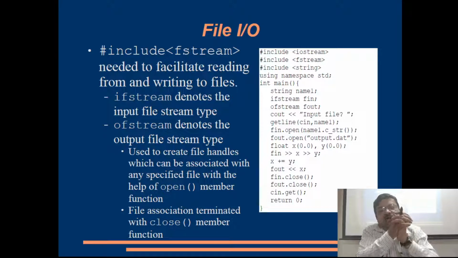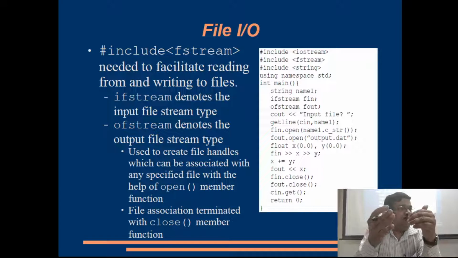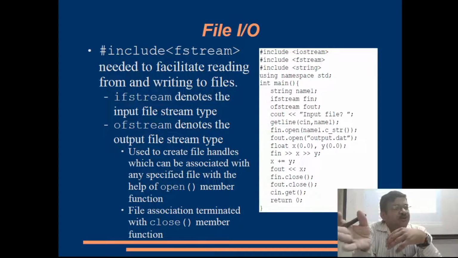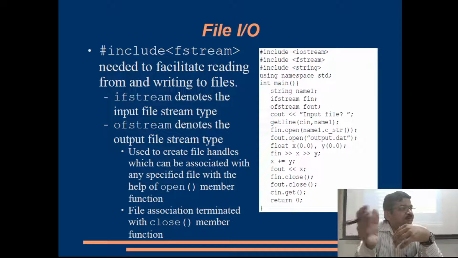Right? So beyond this standard input, standard output, and standard error, if you wish to read and write to and from files, then you need to define a mapping, how to tell the computer that input needs to be read from this file and output needs to be written to this file. Right?